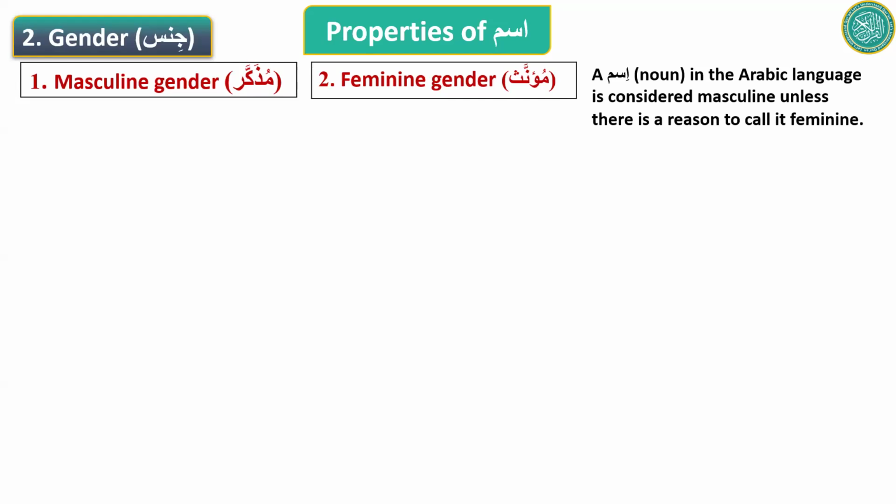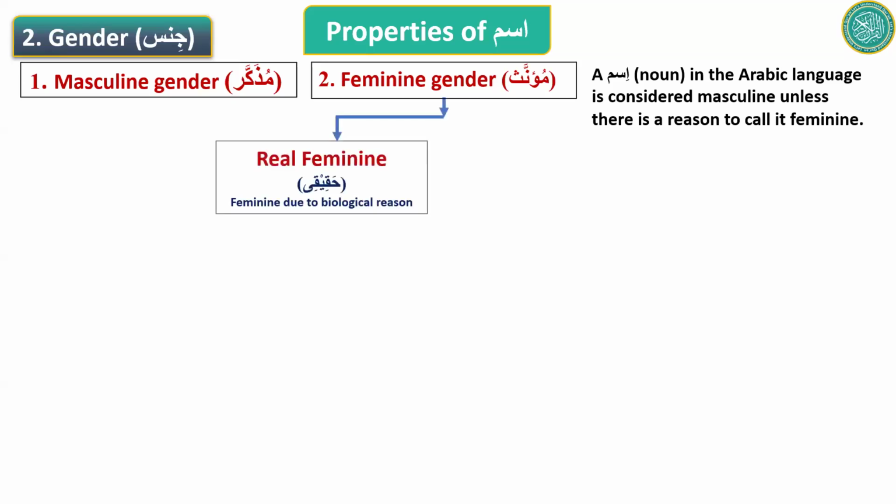The default gender is masculine, unless you have a reason to call that ism feminine. So we will learn the reasons to call an ism feminine. And if you don't find that reason, then it is masculine. That's the general rule.